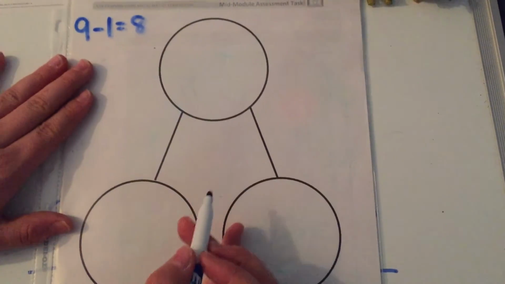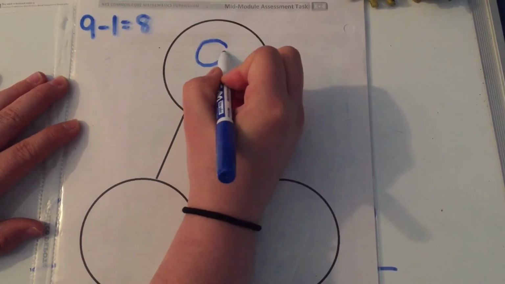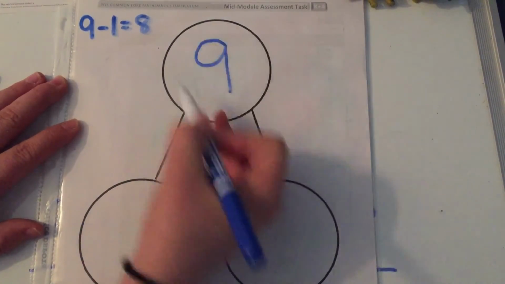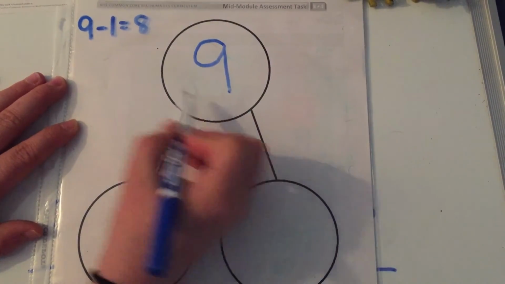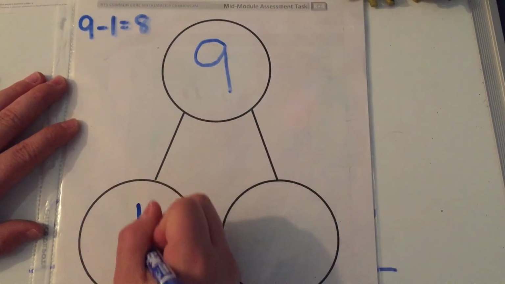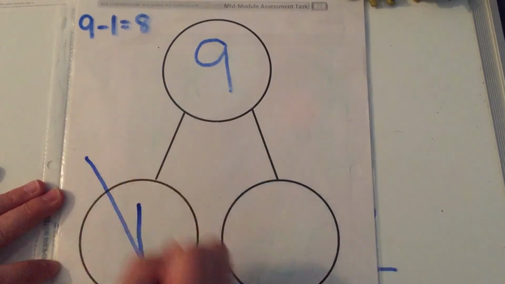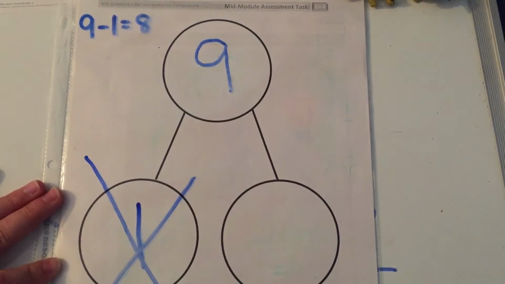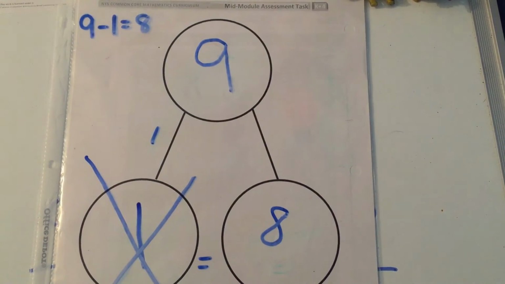So remember, we're subtracting, but when we use the number bond, we always put our whole, which is our biggest number, in the circle that has the 2 lines going out to the parts. 9, we took away 1. And remember, when we're doing it in a number bond, to show that take away, we're going to cross it out. 9 minus 1 equals 8. We were able to show our story with dinosaurs. We were able to match it with a number sentence and then match it with our number bond. Okay.